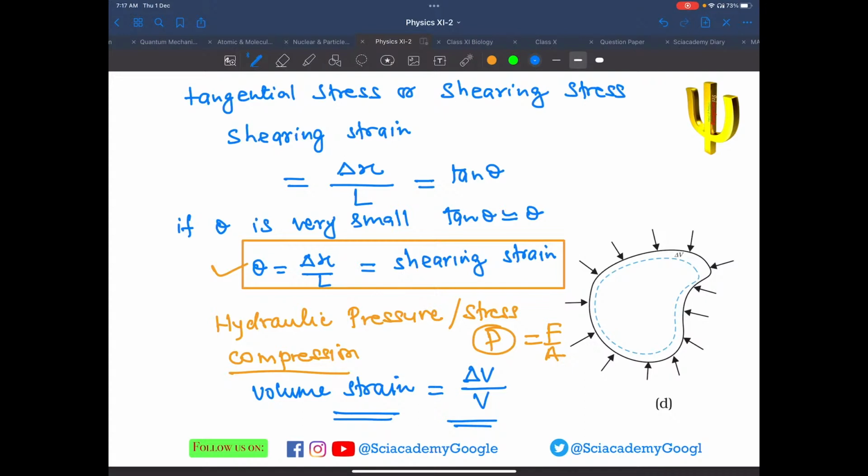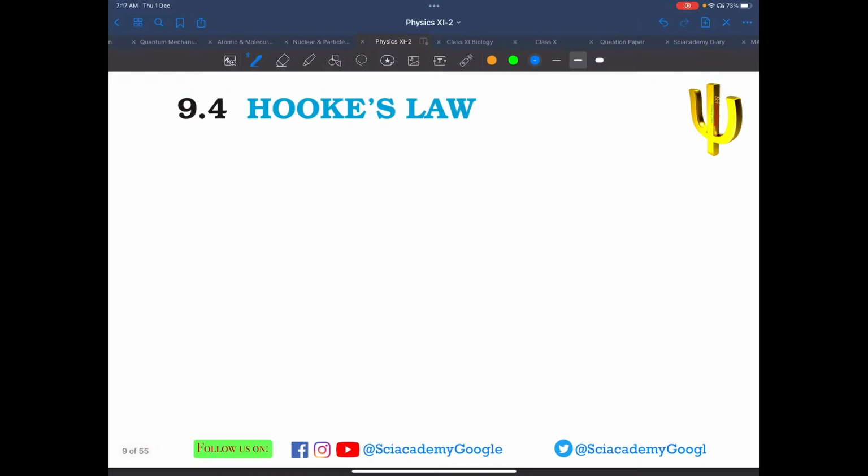So now we'll talk about Hooke's law. So what is Hooke's law? Hooke's law is given by Robert Hooke, who was an English scientist, and in honor of his name, this law is called Hooke's law.